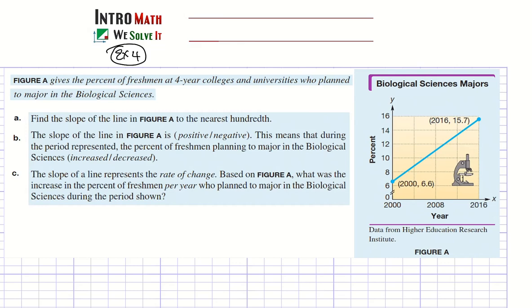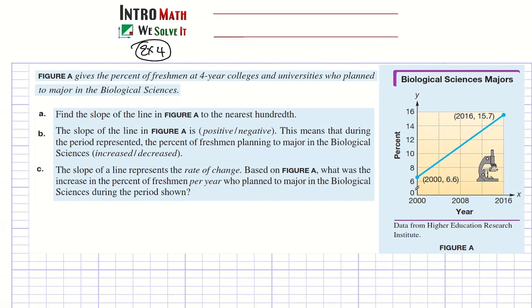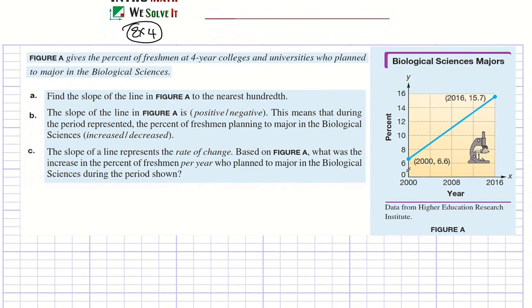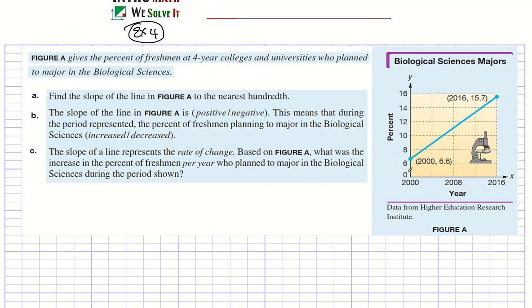Now, what they're looking for is the A. Let me see, where is A? A is right here. It says find the slope of the line in figure A to the nearest 10. So what is slope? We talked about this in the previous lesson, but slope is rise over run, right? The best way to find it, we got 2 points.